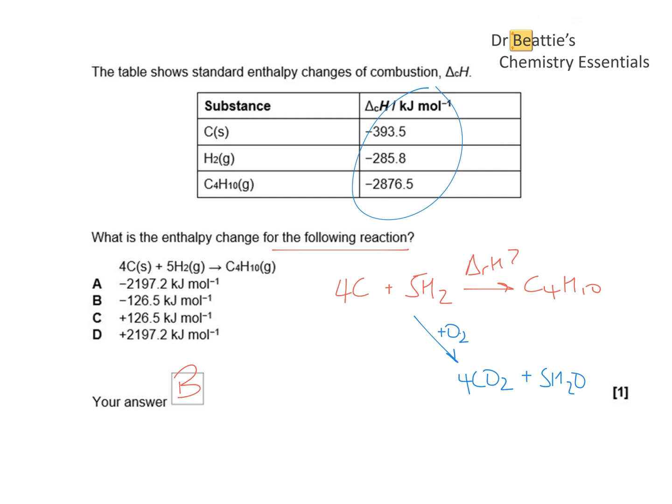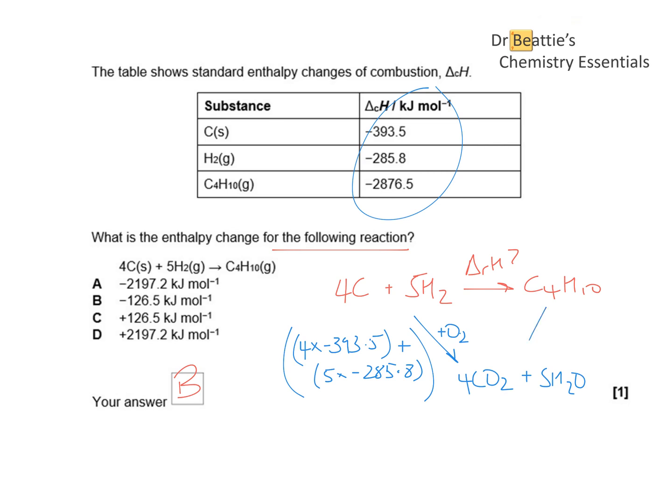So taking the data from this, we've got 4 moles of carbon, so we're going to need 4 times the amount here. And we've got 5 moles of hydrogen, so we're going to need 5 times the amount of here. And remember to put all that in brackets because that whole sum equates to this arrow here.